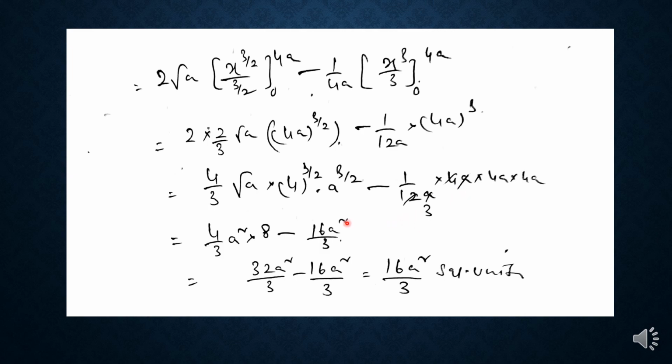In the next step, 4 by 3 root a into a to the power of 3 by 2. Root a means a to the power of 1 by 2. A to the power of 1 by 2 into a to the power of 3 by 2 means a to the power of 1 by 2 plus 3 by 2.